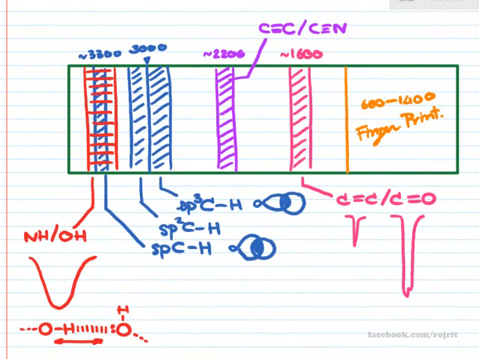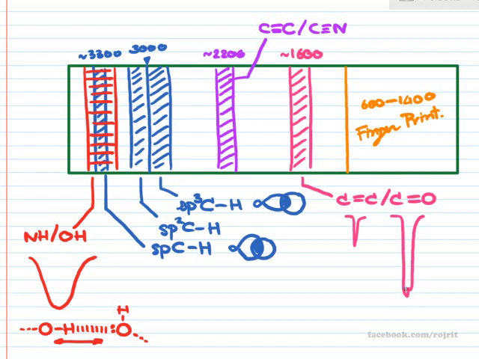normally 1600, 1700, things like that, is the double bond area. But as you know, C double bond C is slightly nonpolar, but C double bond O has very strong polarity, so it interacts with the electric field of IR better. So the absorption of C double bond O is stronger than the absorption of C double bond C. The percent transmittance of C double bond O drops from 100% to the very bottom of the graph.